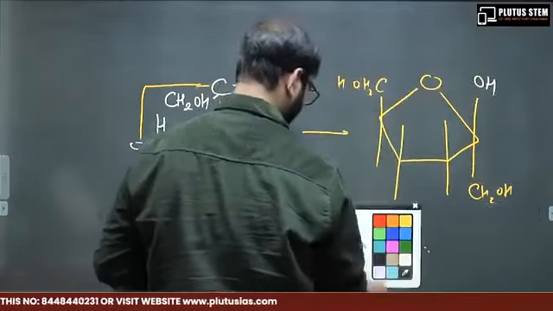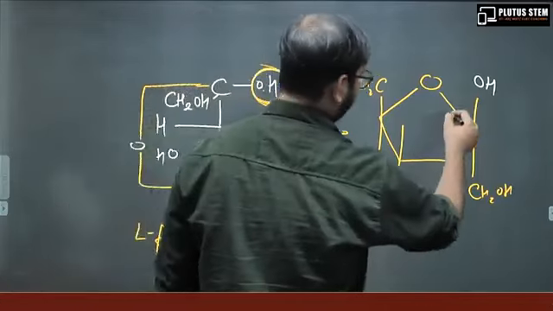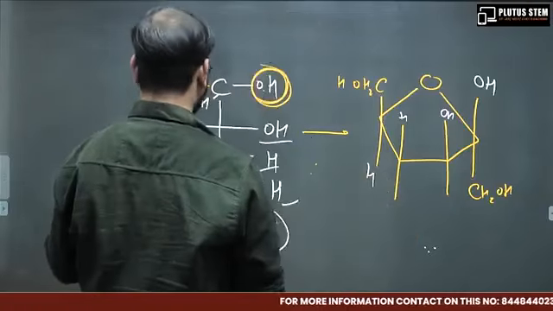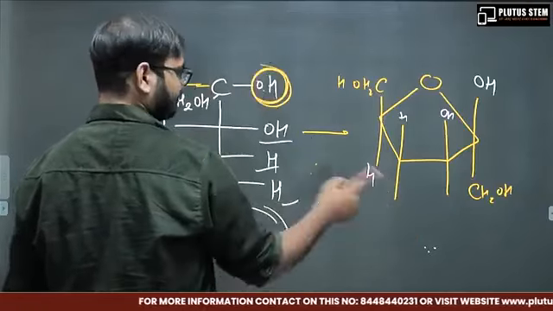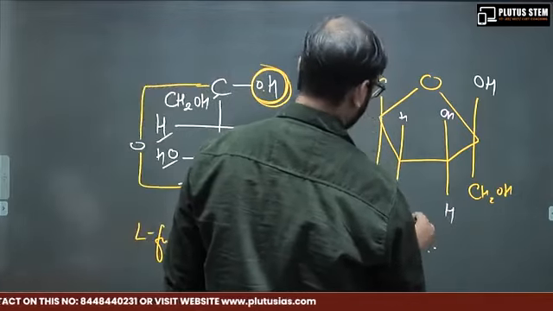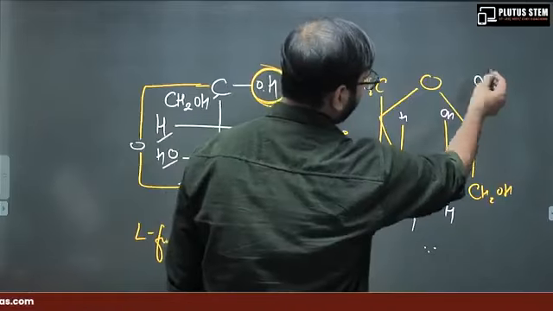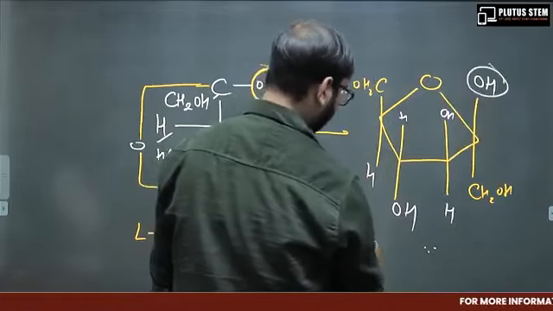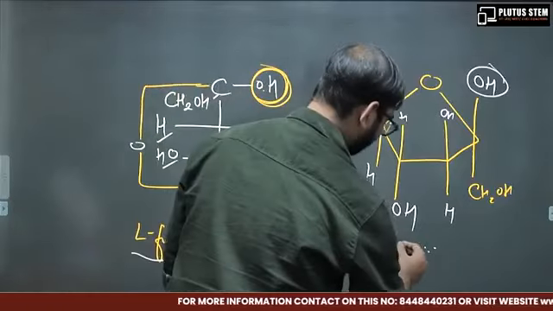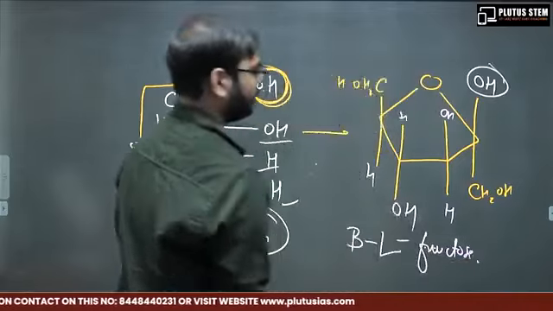Rest, whatever the groups which are outside of the ring, which is OH, H and H, they will be marked above the plane of the ring. Last we have CH2OH below the plane, hydrogen and OH. Since OH is lying outside of the ring above the plane, this is beta L fructose because we started with L fructose.